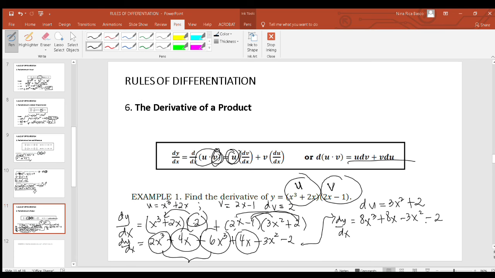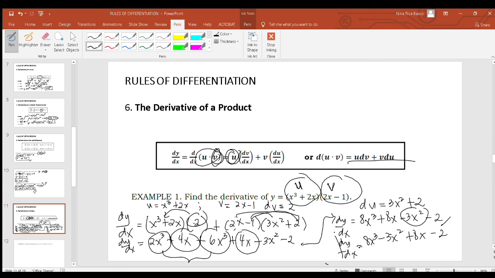But this is not yet the proper arrangement. The arrangement of our terms is still based on the level of the variable. 8x cubed is still our first term because it is our highest power. So 8x cubed minus 3x squared plus 8x minus 2.